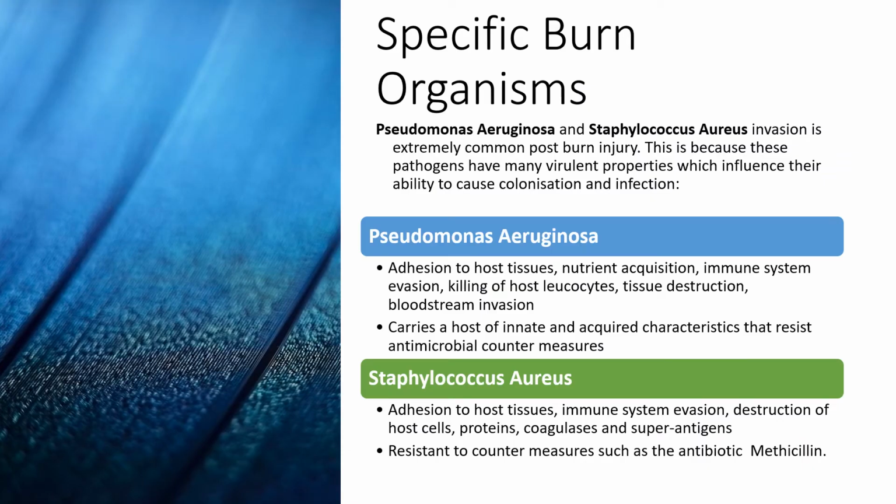So MRSA, methicillin-resistant coagulase-negative staphylococci, vancomycin-resistant enterococci, and multi-resistant gram-negative bacteria that possess several types of beta-lactamases, including the extended spectrum beta-lactamases, or ESBL, and AMP-C beta-lactamases, and metallo-beta-lactamases, or MBL, have been emerging as serious pathogens in hospital patients.